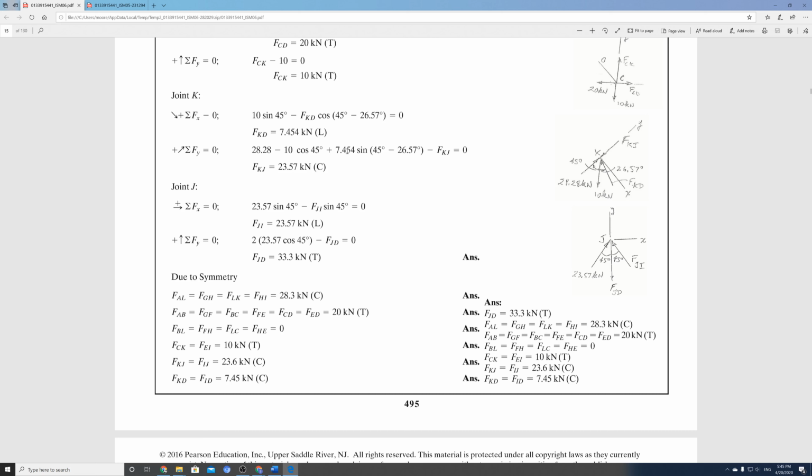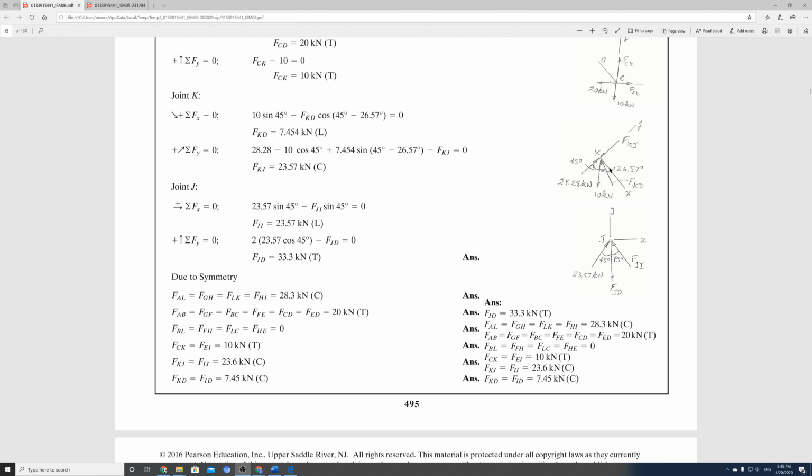All right. The next is the 7.454 of FK. So that's this line. We know the magnitude of this line, and the sine is going to be, you're thinking about how much of this component right here of this line is going along this direction.